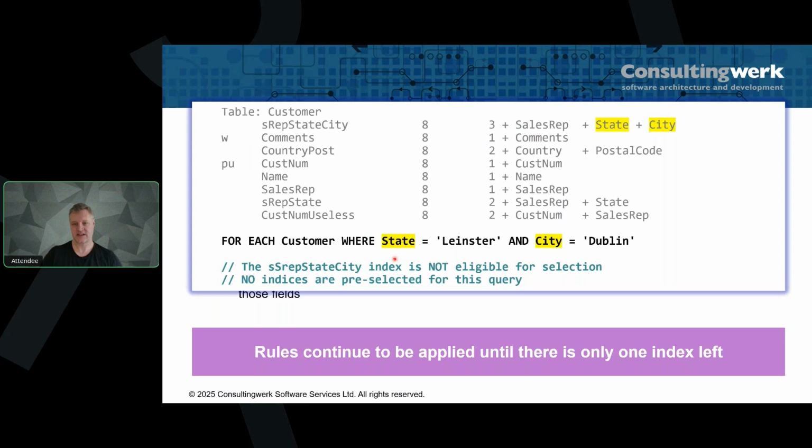Just because state and city are in an index doesn't mean that the index will be used. If we had sales rep in this query, then we would start out with three indexes to choose from. That's really important to know: just because a field in the query is a field in the index doesn't mean the index will be used. It must work in leading order, from first to nth.